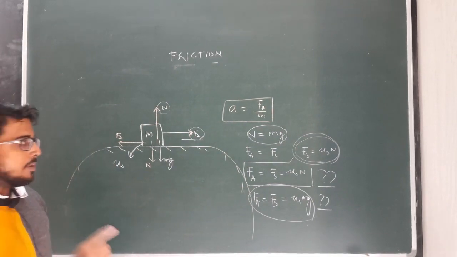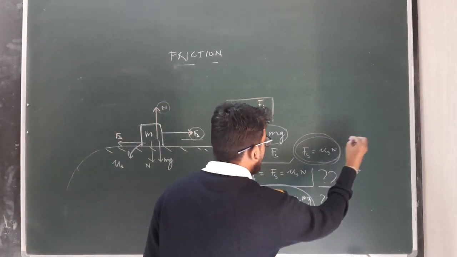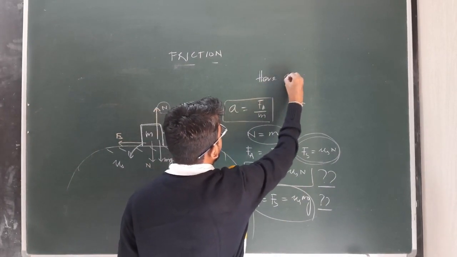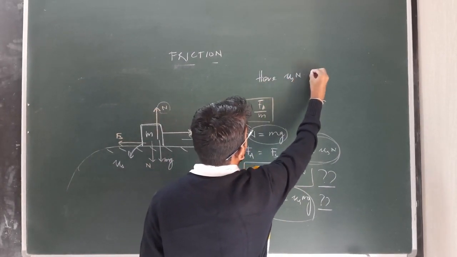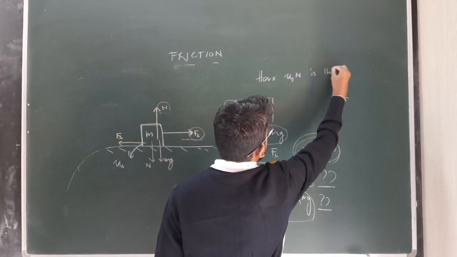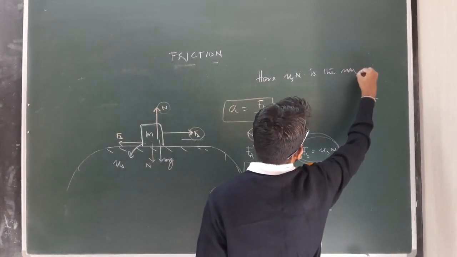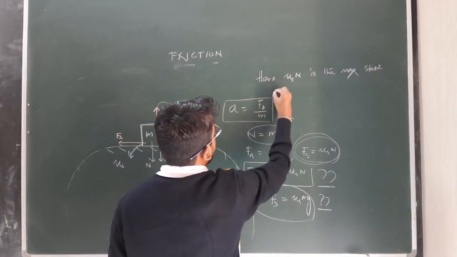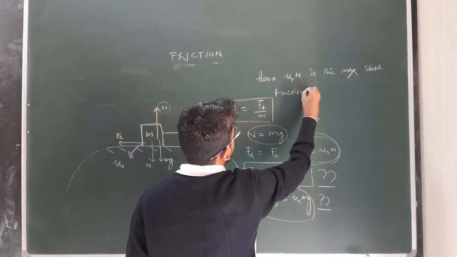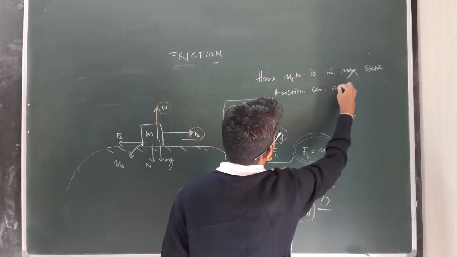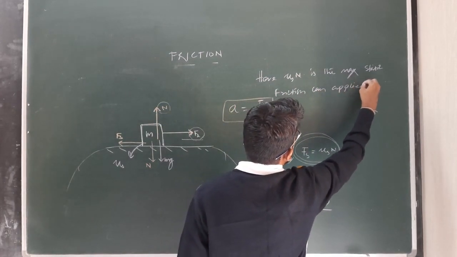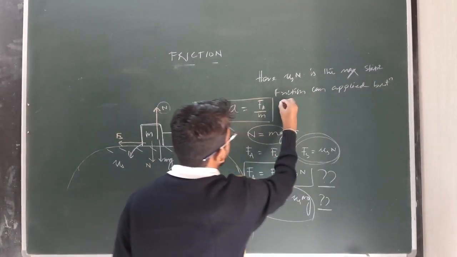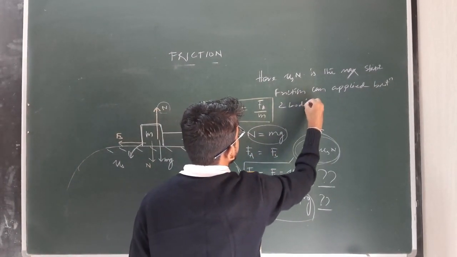Okay, you have to remember that mu s into n is the maximum static frictional force that can apply between two bodies in contact.